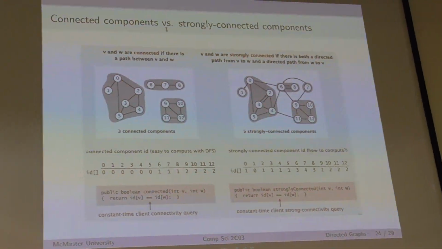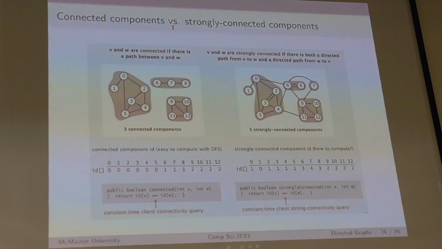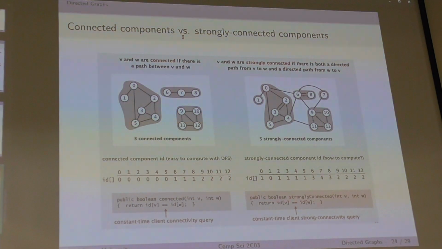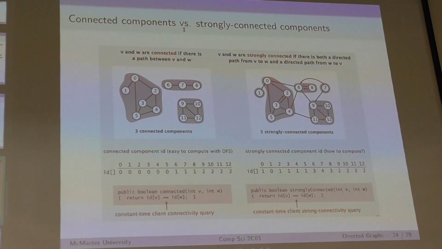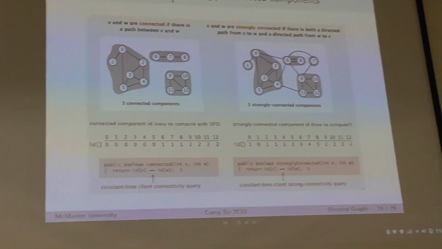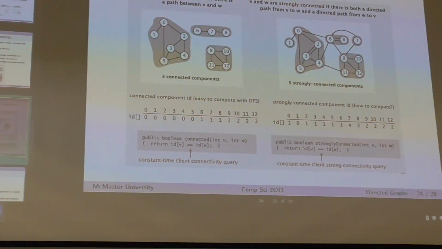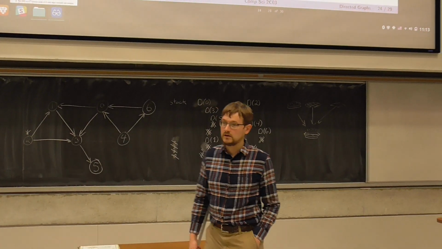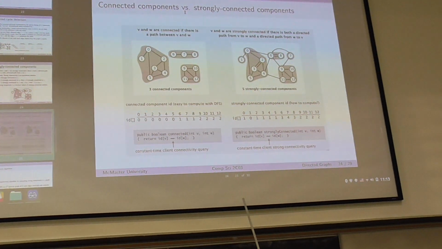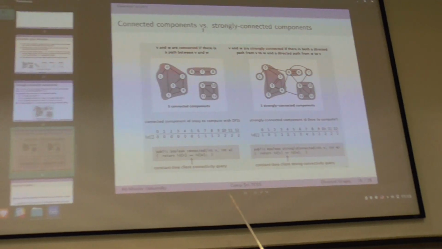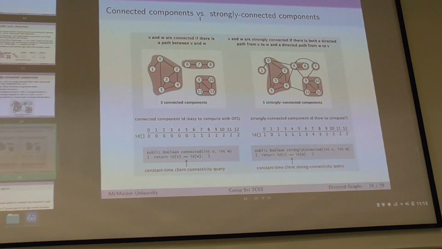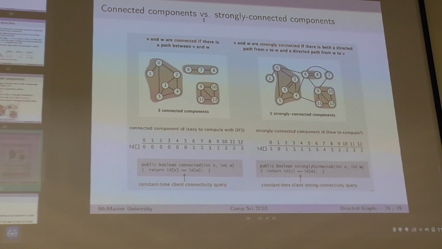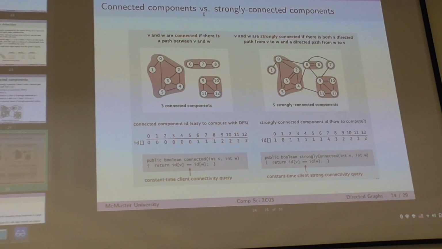In the case of connected components, we keep an ID array where we keep identification numbers associated with each of the components, in the same manner that we were doing union find way back at the beginning of the course. So finding whether or not two elements are connected is a simple equality comparison on two lookups to the ID array.